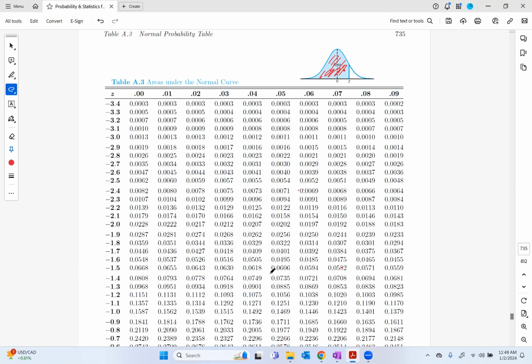Here, this is 0.0505, and this is 0.0495, so 0.05 is in the middle. The location will be minus 1.64 here and minus 1.65 here, so in the middle, it will be minus 1.645.